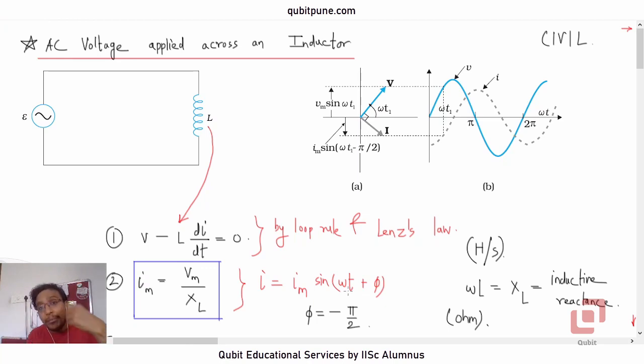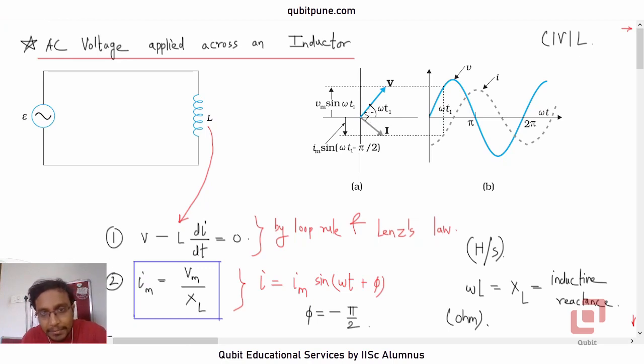And now what does that mean when we show it on the phasor diagram? In the phasor diagram, it means that the voltage phasor in the blue color here and the current phasor in the gray color here will always make an angle of 90 degrees. You can see that.